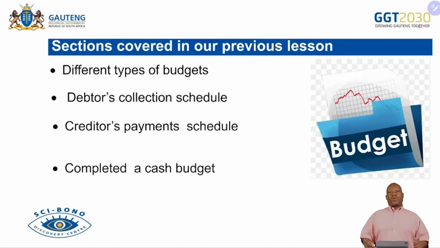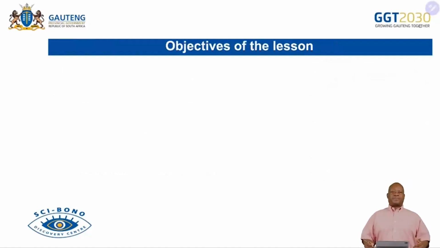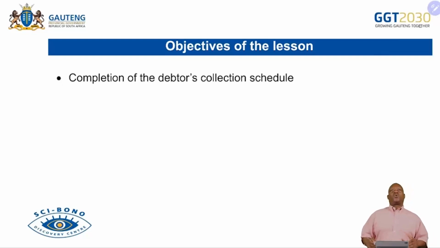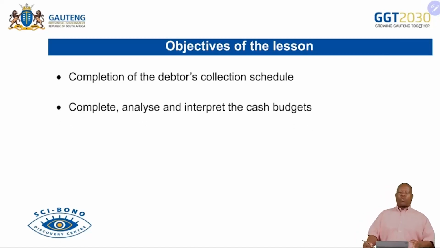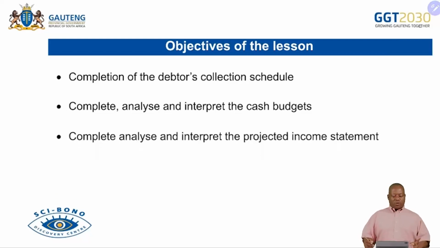Now, today, we are still going to look into the same concepts, but we are going to try to look into the completion of a debtors collection schedule again, very important part whenever we are preparing our budgets. And then we are also going to complete, analyze and interpret cash budgets. We are going to bring in something a little bit new, the completion, analysis and interpretation of a projected income statement, part of the budgeting process.